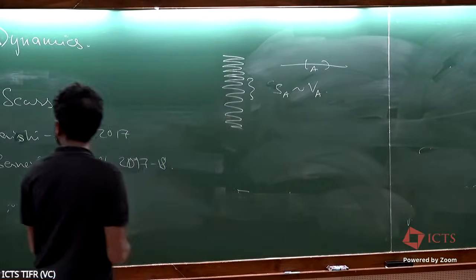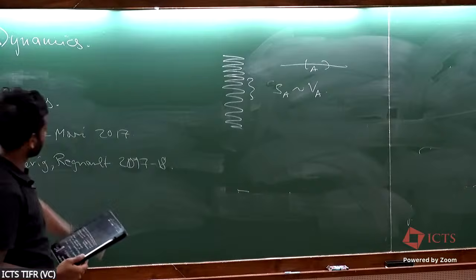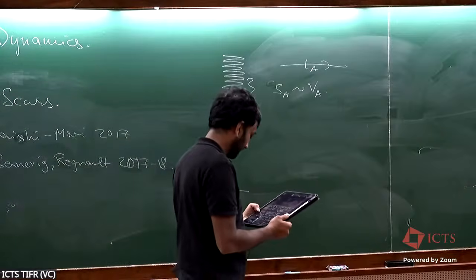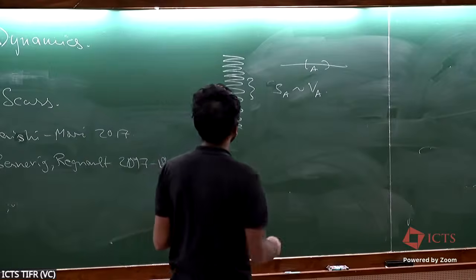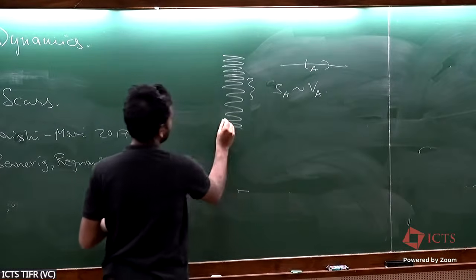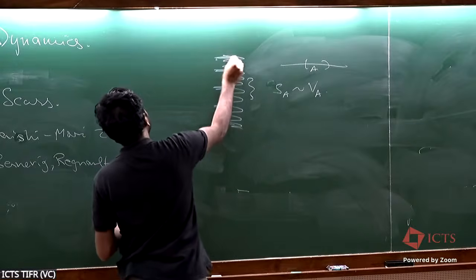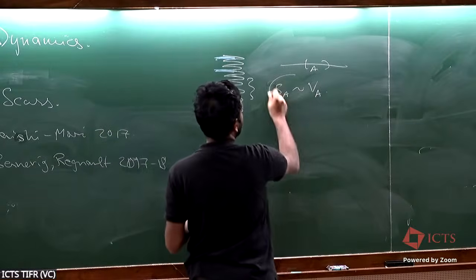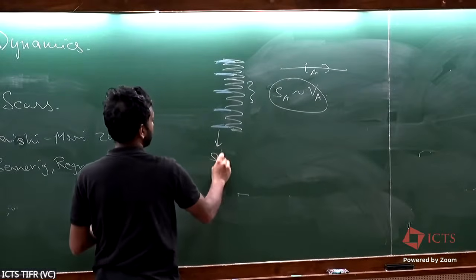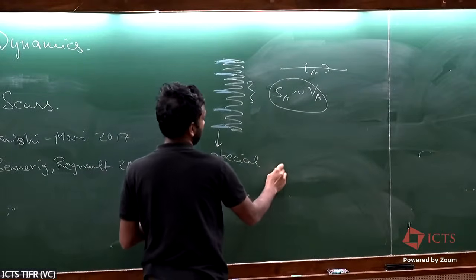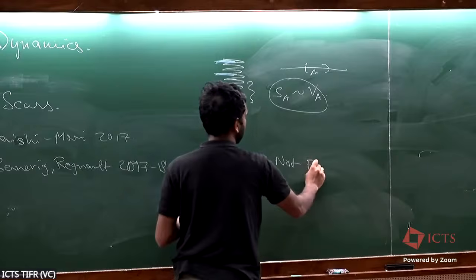But then people found in these experiments as well as in these theoretical papers that there are some special kinds of states, so I'm just drawing them in blue, which violate this volume law condition. So these are very special and not ETH satisfying.